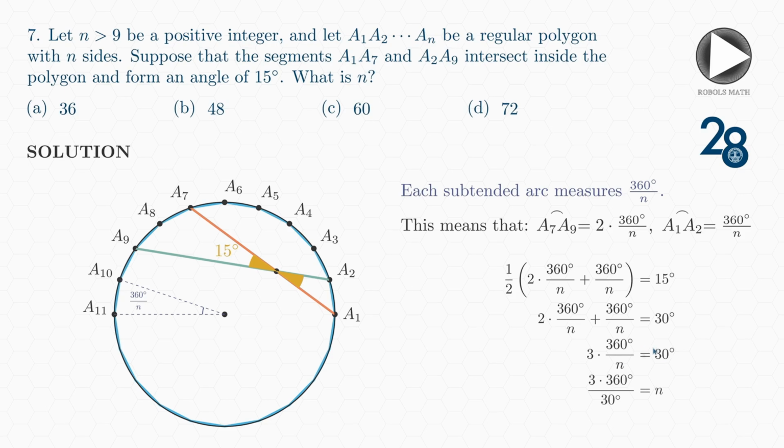So we cross multiply to get n equal to 3 times 360 degrees over 30 degrees. We cancel out the 30s. So this is 12. 3 times 12 is equal to 36. So the number of sides of the polygon is 36. So the answer here is 36.